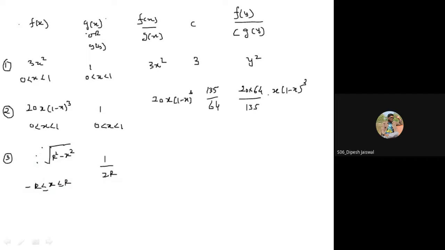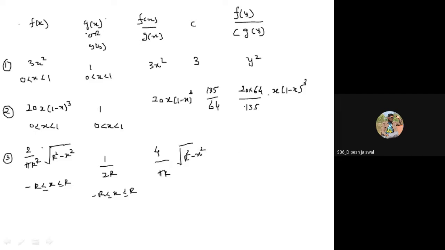It has the form 2 upon pi r square. So what is its range? It is a uniform distribution that lies between minus r to plus r. So you can see that b minus a is r plus r, that is 2r, that is 1 upon 2r, and the form is 4 upon pi r square root of r square minus x square.